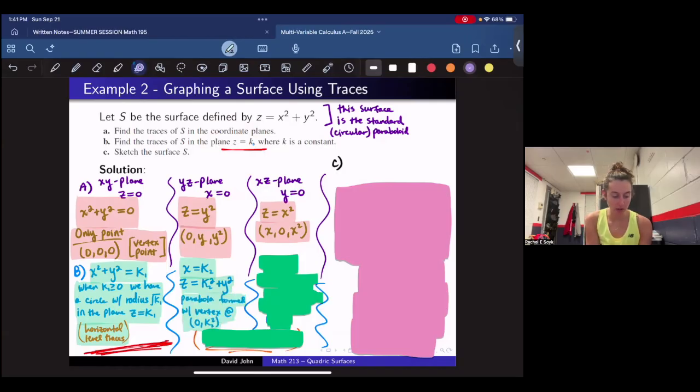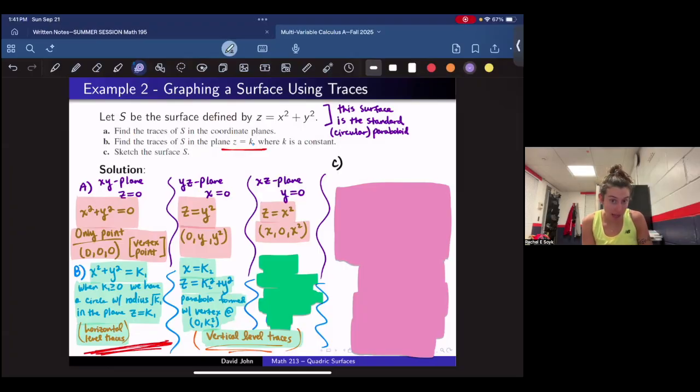If k is negative, it just goes down. So our vertex here would be just 0, comma, k sub 2 squared. And then this is going to be a vertical level trace. So our horizontal is our circle, and then our parabola is a vertical.